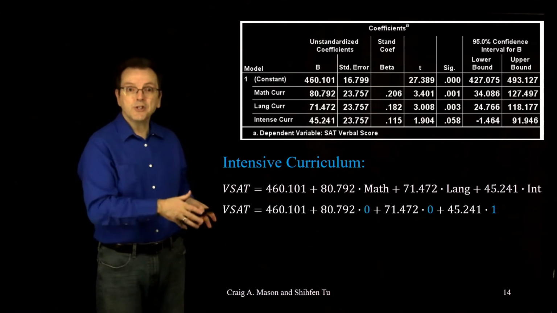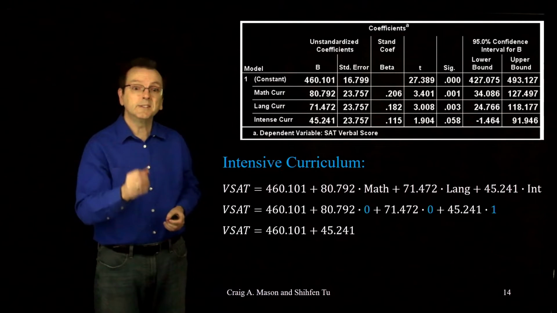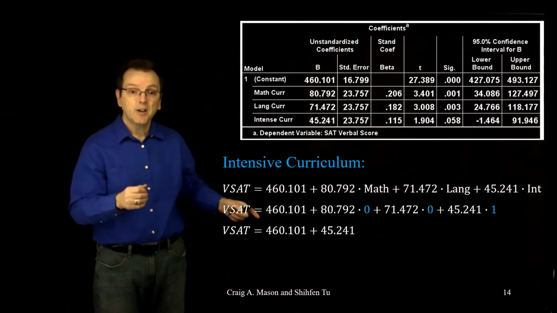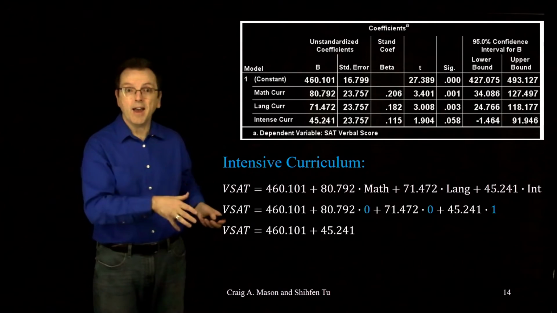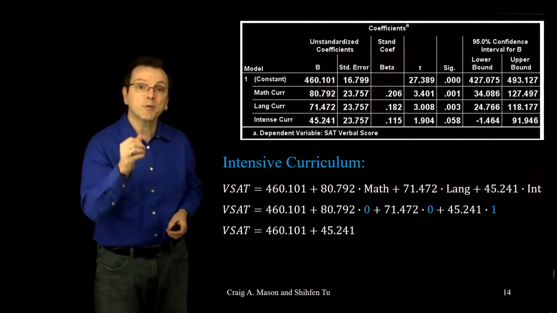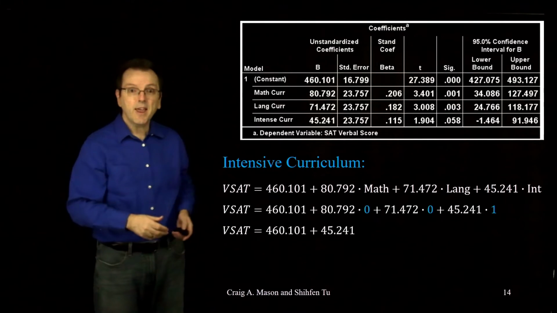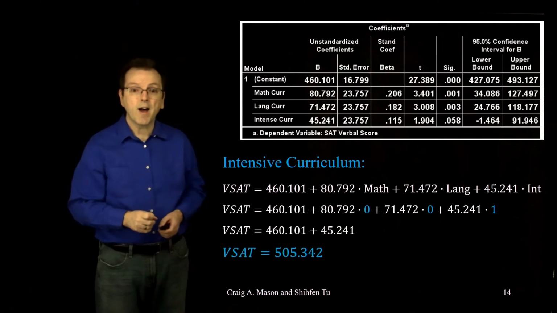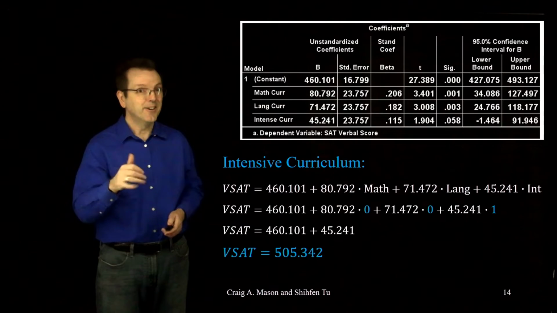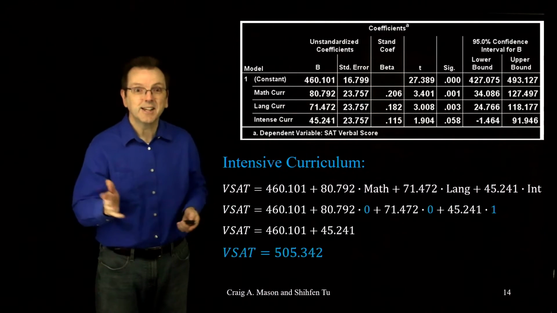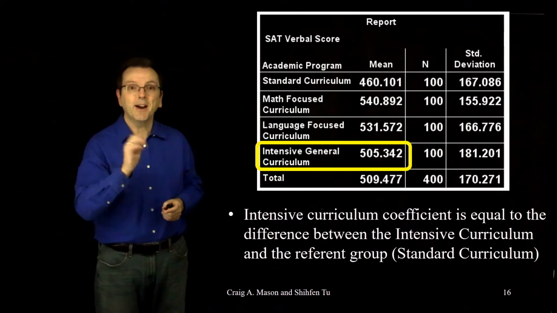The equation then reduces down to 460.101 plus 45.241. Right? That gives us our predicted score for students in the intensive curriculum, which is just 505.342, right? Which I'll note is equal to the mean for the intensive curriculum, right?